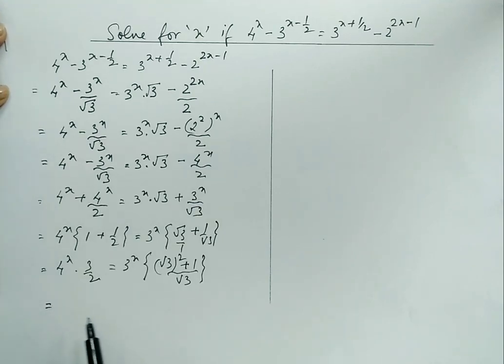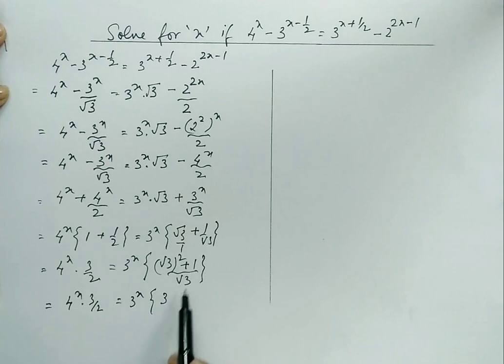Now further simplification. Let's keep this the way it is. We have to focus first on this. So we have root 3 into root 3 is 3 and plus 1, and we have a root 3 sitting below. Correct?